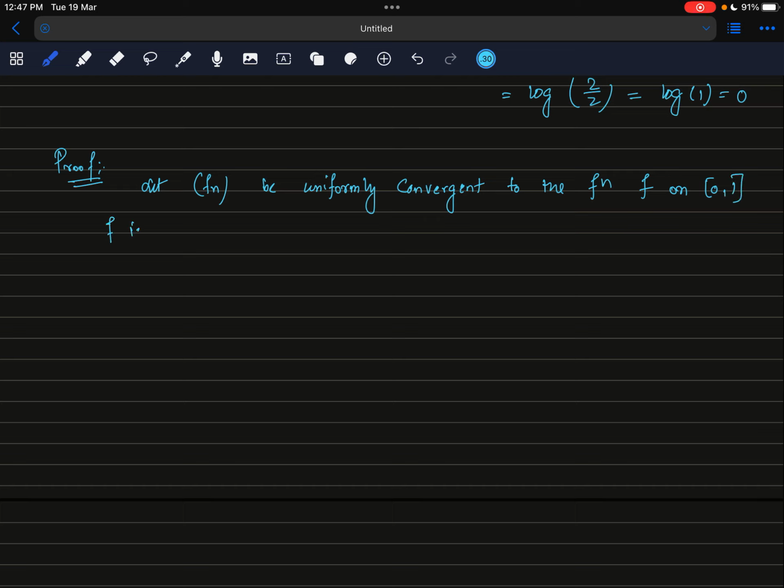Why? Since f_n converges uniformly to a function f, this is a very well-known theorem that the limit function f should be continuous.